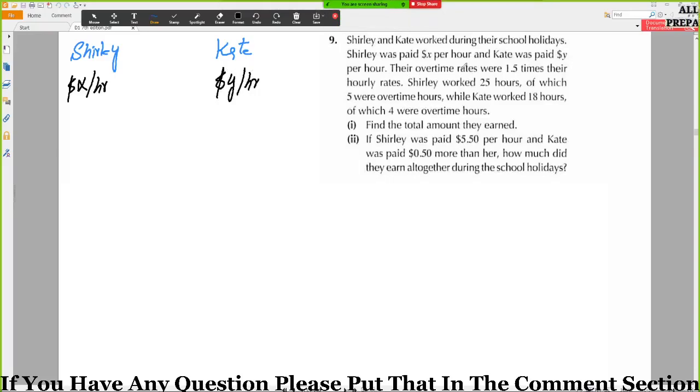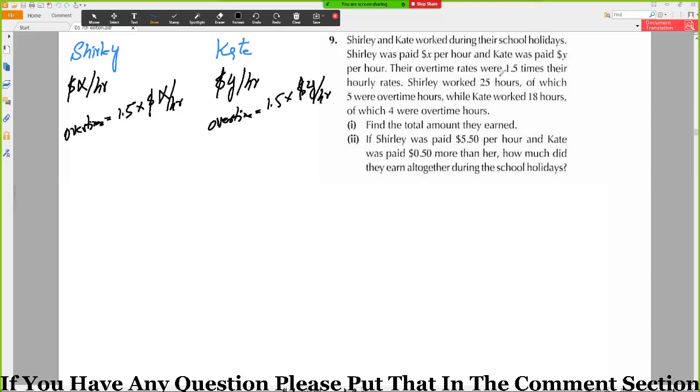Their overtime rates were 1.5 times their hourly rates. So the hourly rate is X dollars per hour for Shirley, and here the overtime is also 1.5 times their hourly rate, which is Y per hour for Kate.